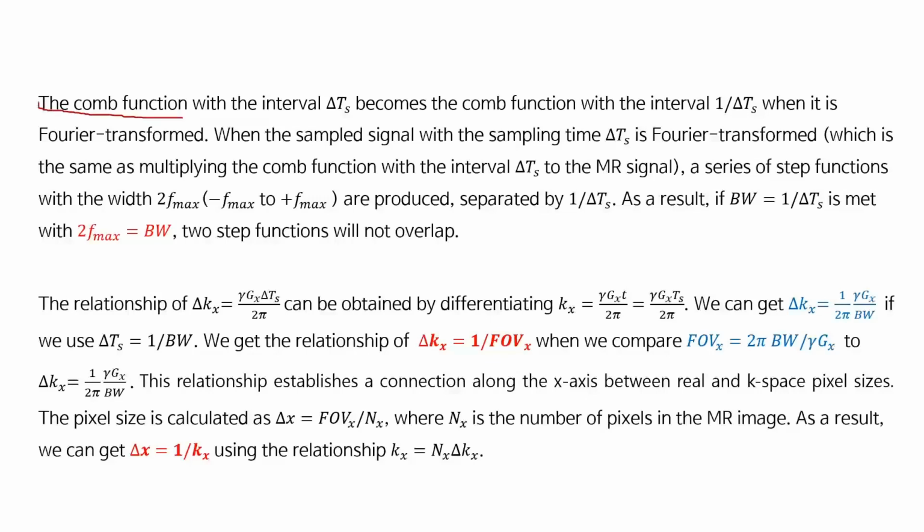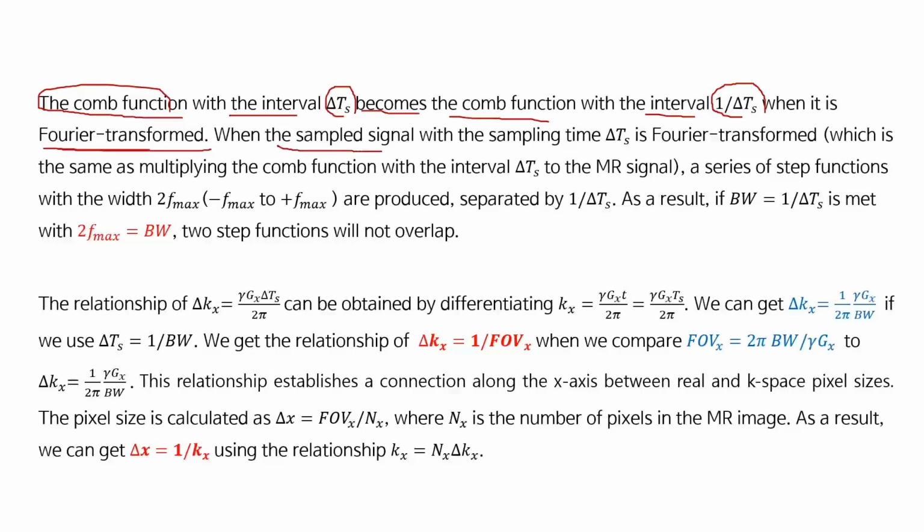The comb function with the interval delta ts becomes a comb function with the interval 1 over delta ts when it is Fourier transformed. I already mentioned that.